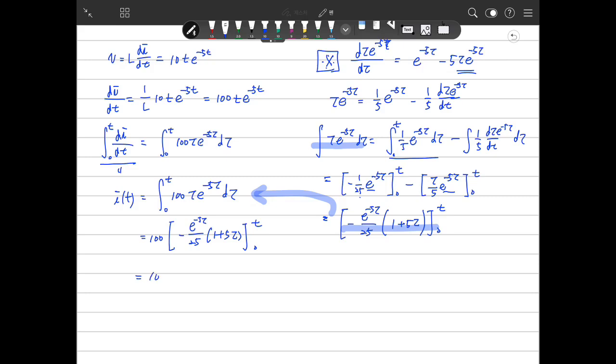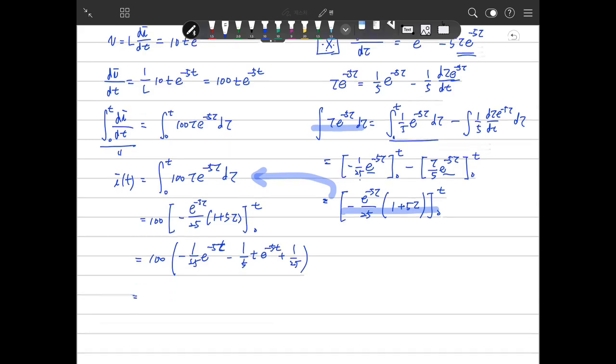So there will be 100 times minus 1/25 times, with τ replaced by t, e^(-5t). When it's 0, it is eliminated, so there will be 1/25 here.